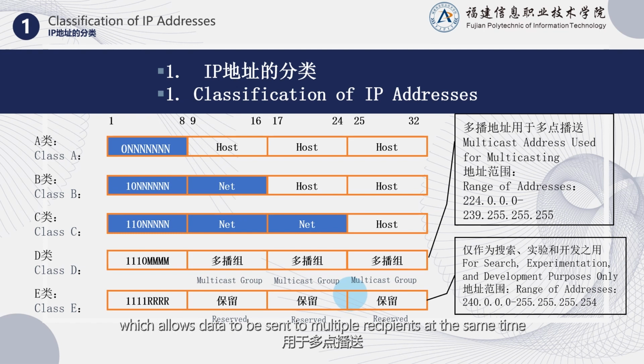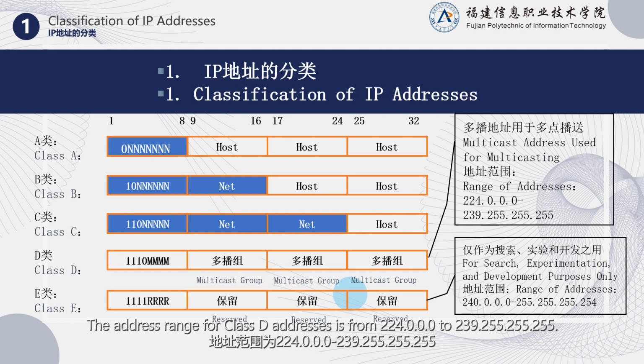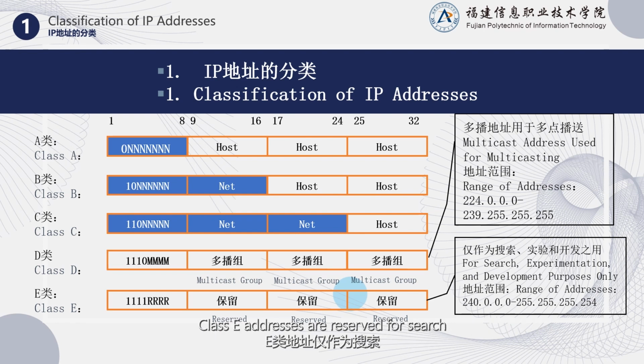the same time. The address range for Class D addresses is from 224.0.0.0 to 239.255.255.255. Class E addresses are reserved for research, experiment and development.